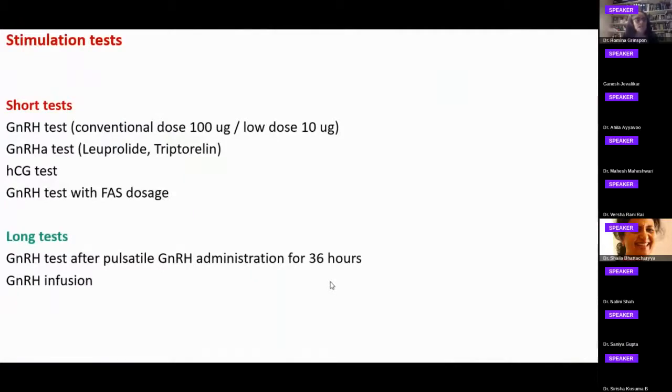Concerning stimulation tests, there are a lot of stimulation tests described. And every time you see a lot of tests, the explanation is that no test is ideal. The big problem of these tests is the overlap between groups, especially in partial forms of central hypogonadism.